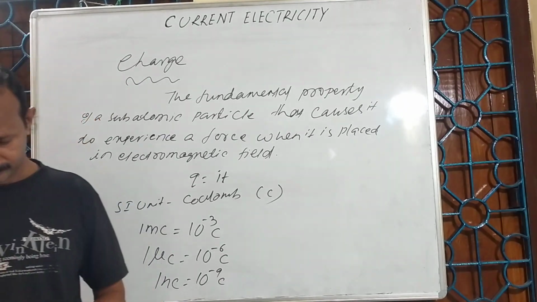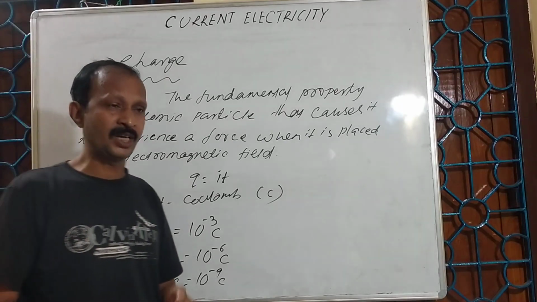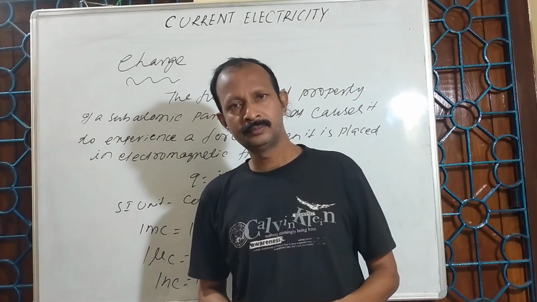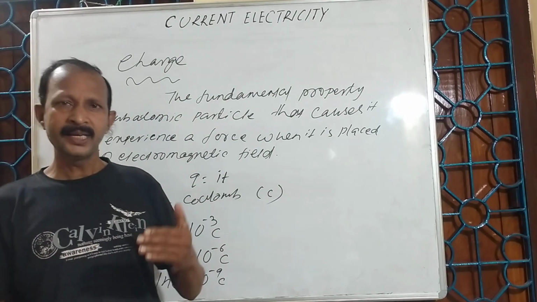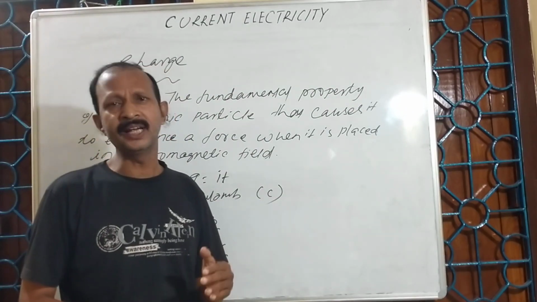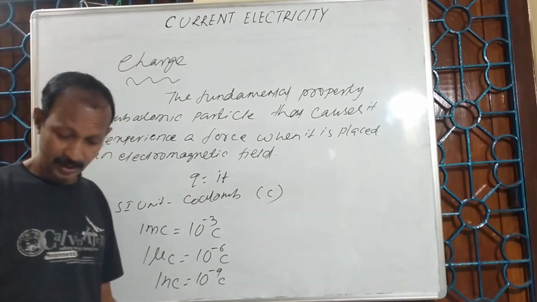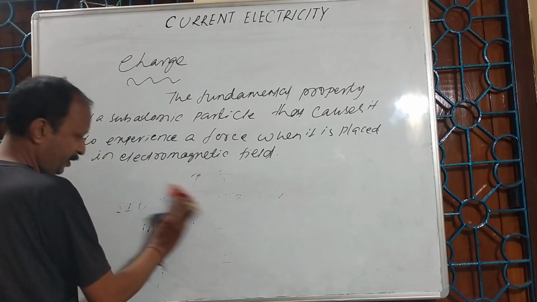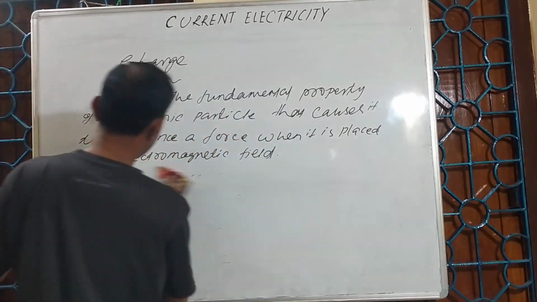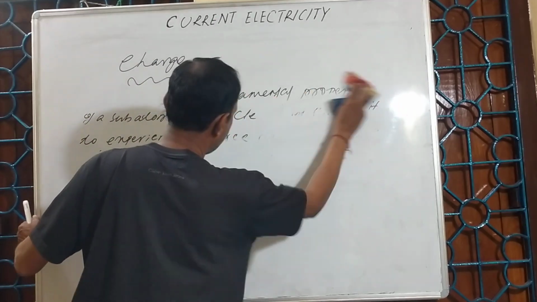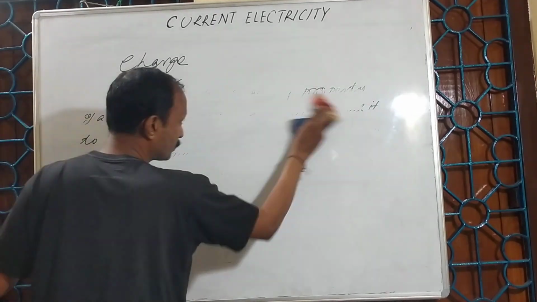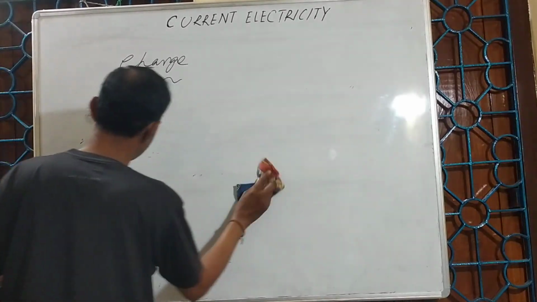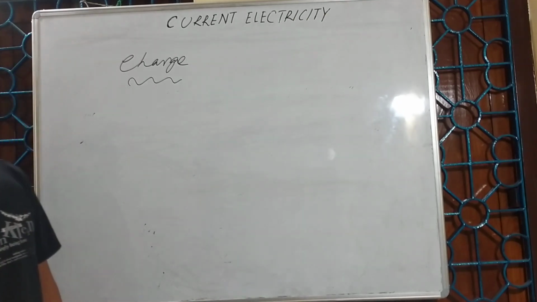The thing is that the quantity of charge on a body is measured by seeing its deficit or excess of electrons. The charge is measured from its deficit or excess of electrons. If there is a deficit of electrons, the charge is positive. If there is an excess of electrons, then we can say that the charge is negative.